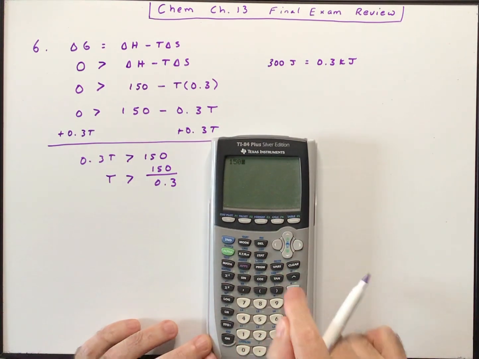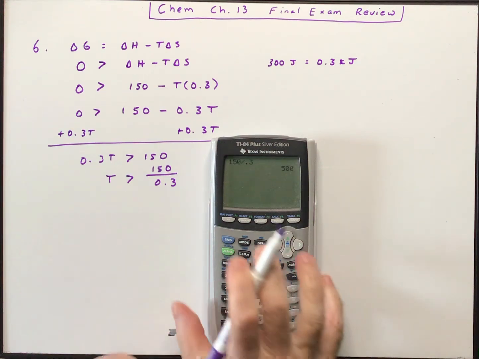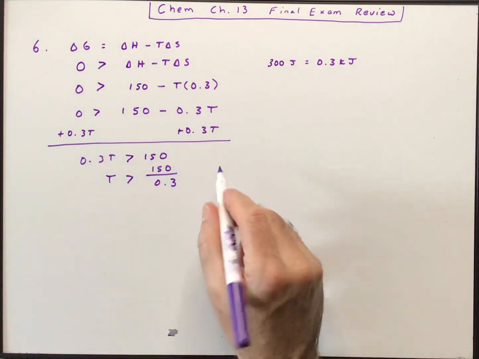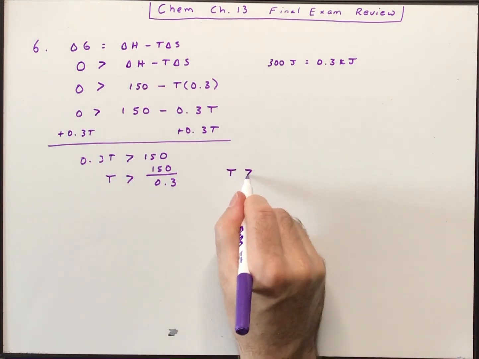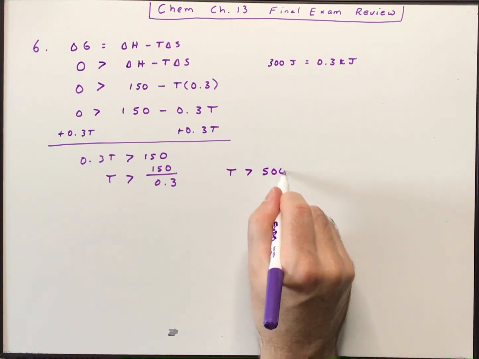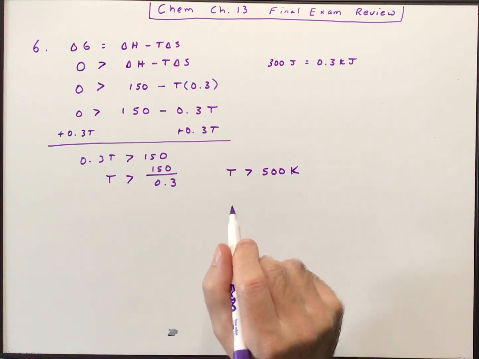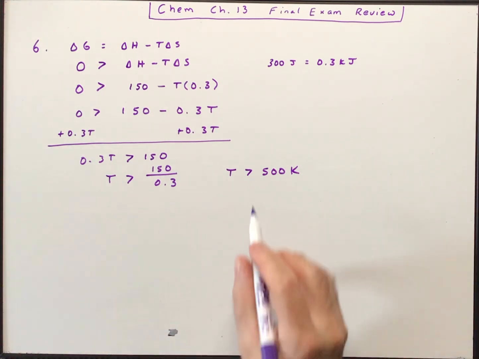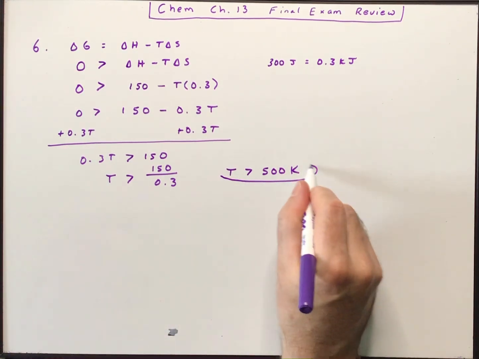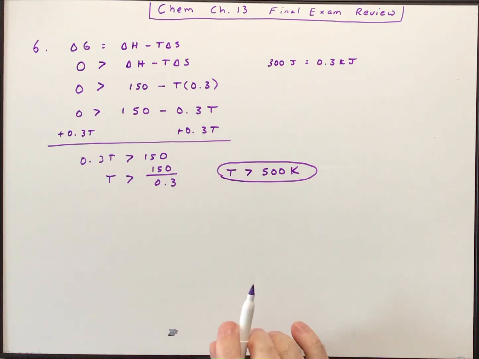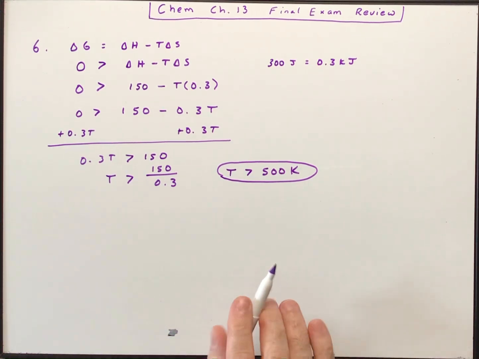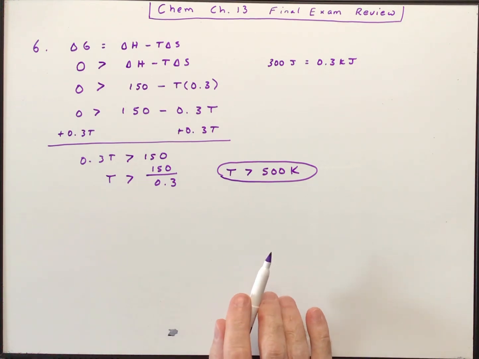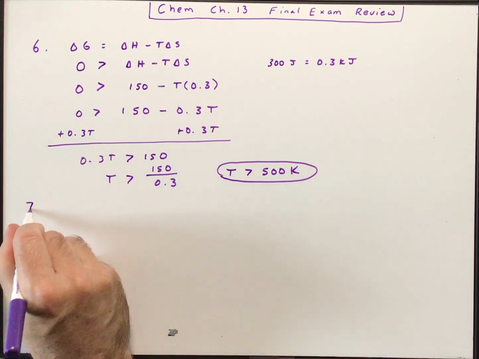So 150 divided by 0.3 is 500. So our answer is T has to be greater than 500 Kelvin. So it has to be pretty hot in order for this reaction to be spontaneous and to occur. Otherwise, it will violate the second law of thermodynamics. Okay. All right, number 7, we'll finish this up.